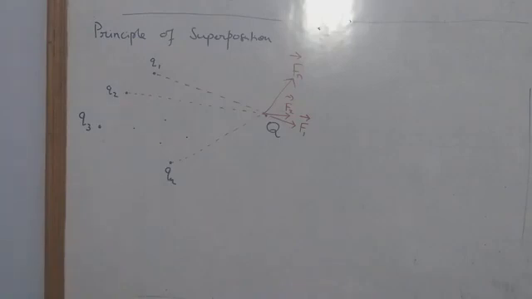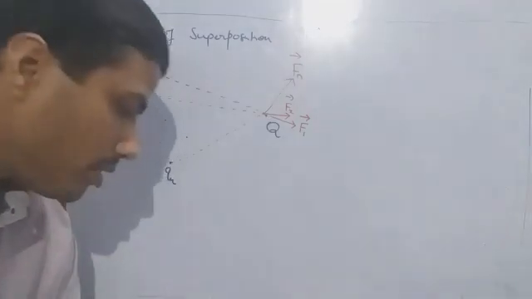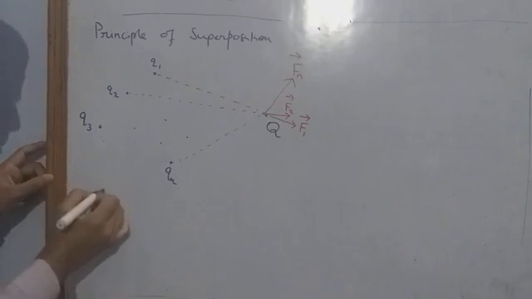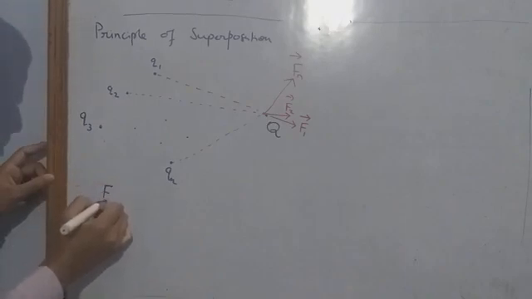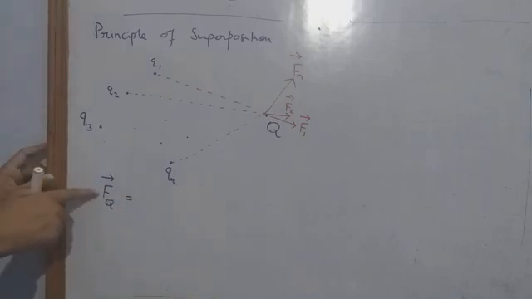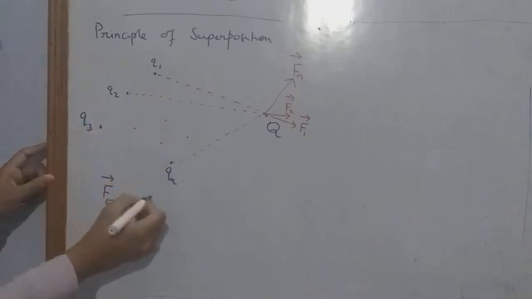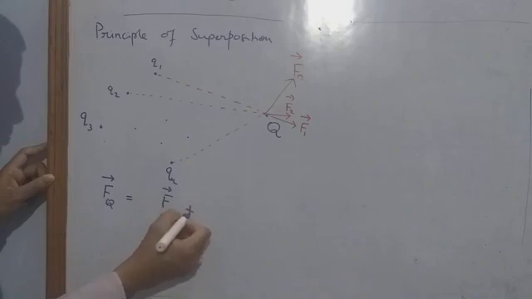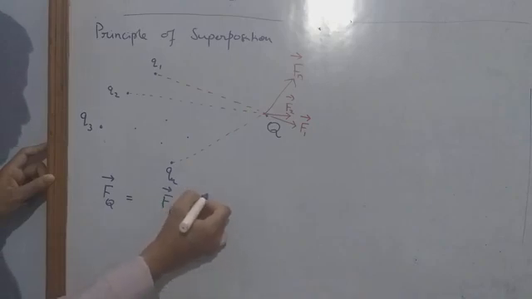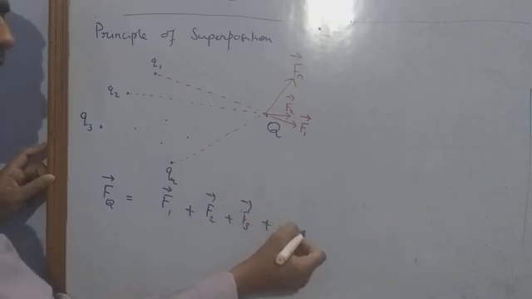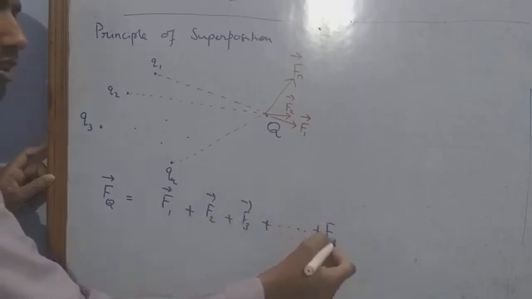Now from the principle of superposition, we can write the total force on this charge Q as F net, Fq is the force on charge Q. That is the vector sum of F1 vector, then F2 vector, then F3 vector, and so on till the last one, that is Fn vector.